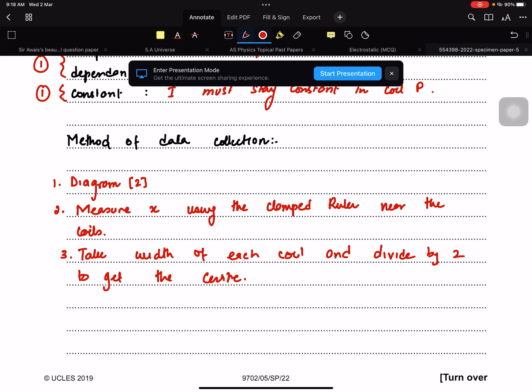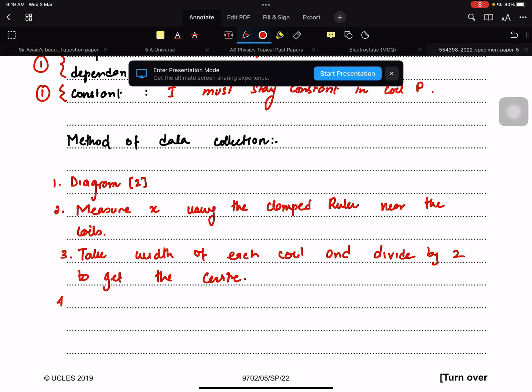Sometimes you can't show that on the drawing, but that's fine if you've written it and they know that you can actually find their centers through a formula, so they will understand.